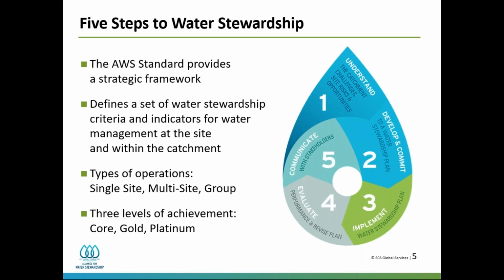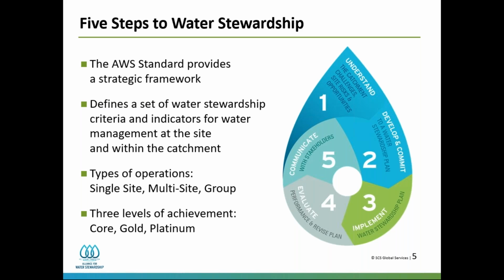All of this is accomplished through what is now a 5-step process that begins by guiding a site through gathering information to understand and contextualize their site challenges, risks, and opportunities. Once the site level challenges are understood, the site consults relevant stakeholders to identify shared challenges with an eye towards opportunities for collective action.